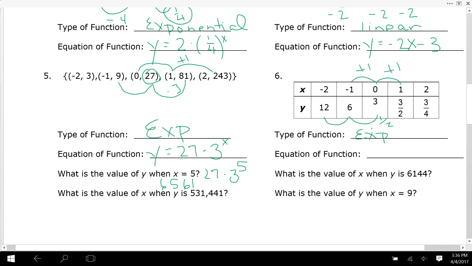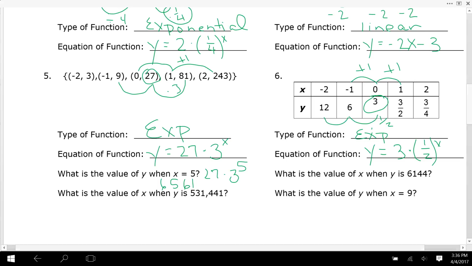Exponential function. My y-intercept is 3. So y equals 3 times 1/2 to the x.